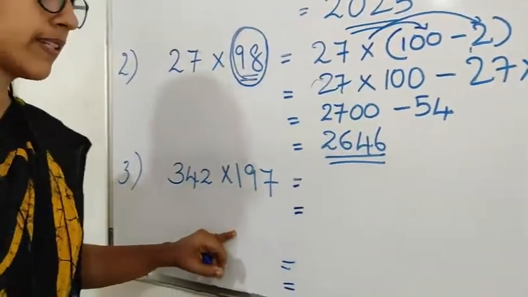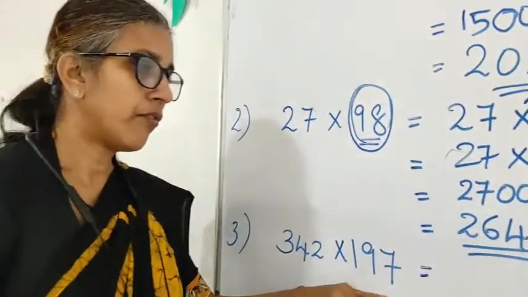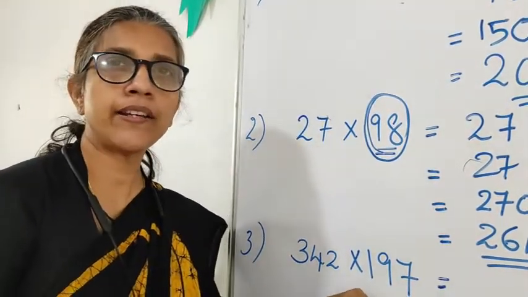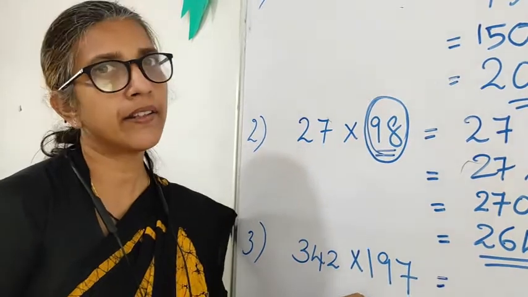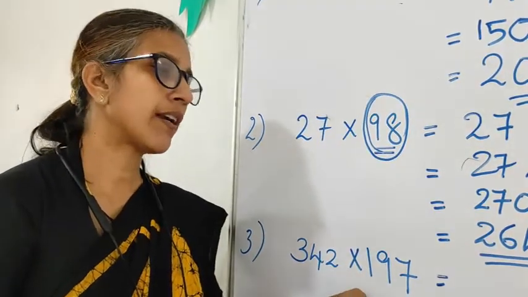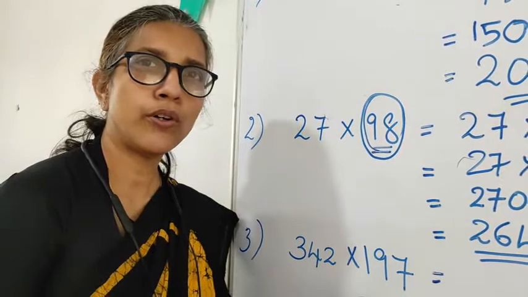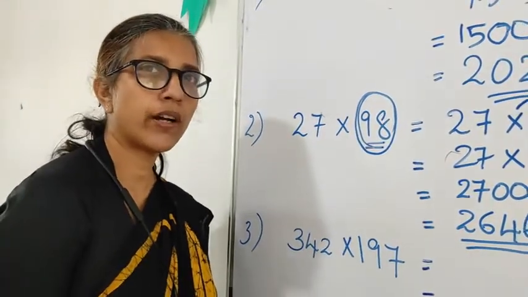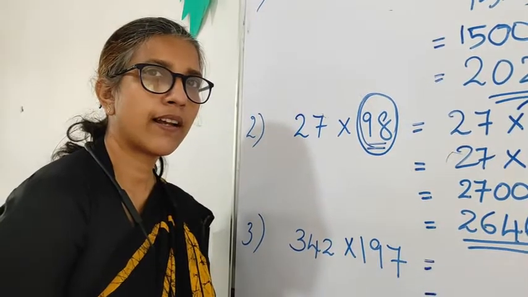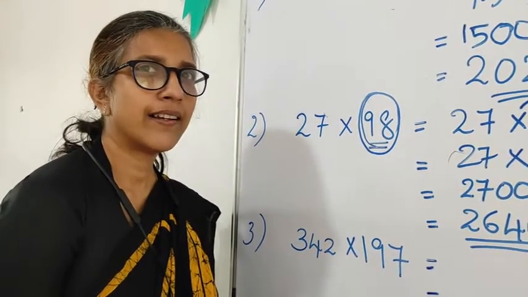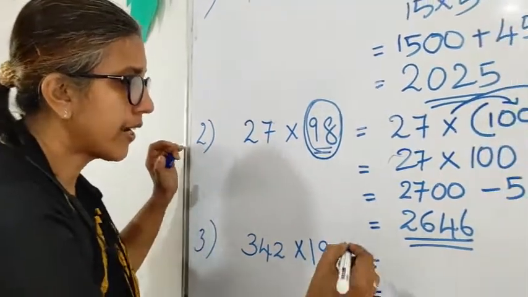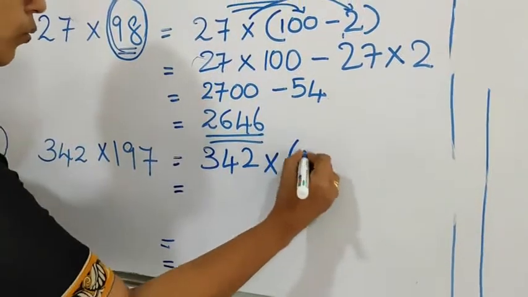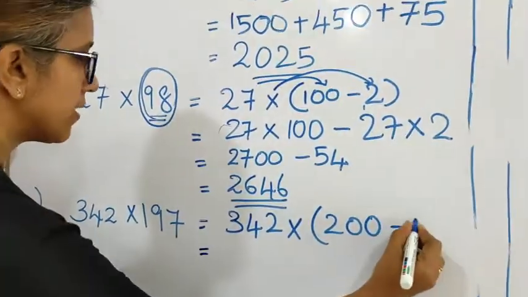And the third question, I have 197. And 197 is between 100 and 200. And 197 is more close to 200. So I can write 197 as 200 minus 3. Yes or no? Yes. So I can write 342 into 200 minus 3.